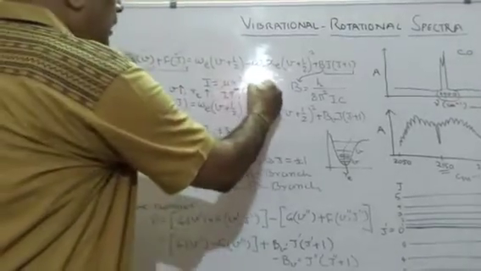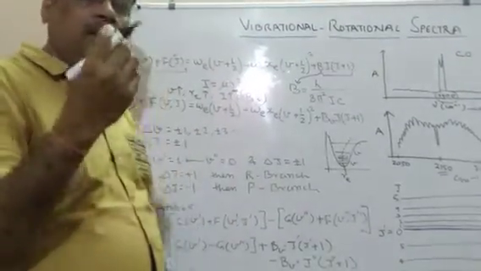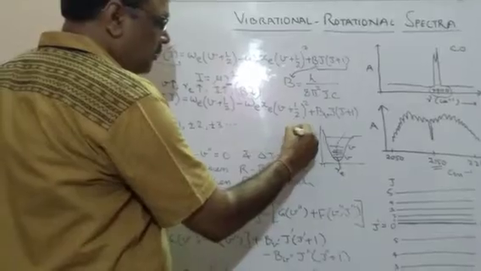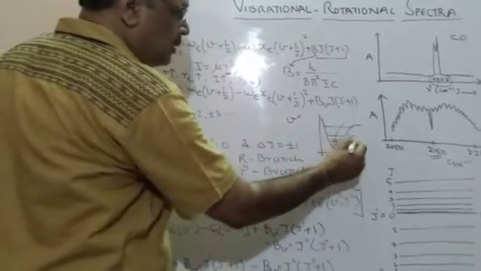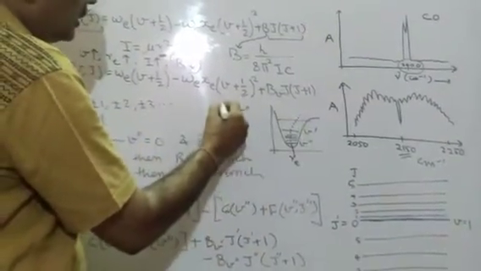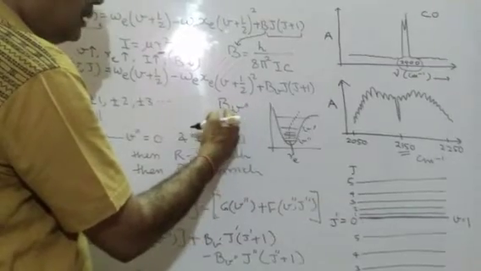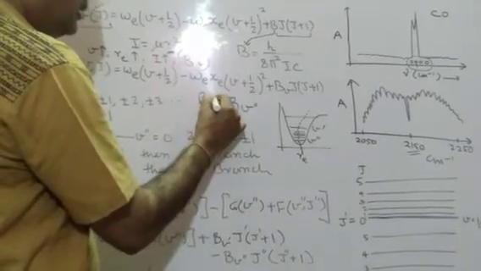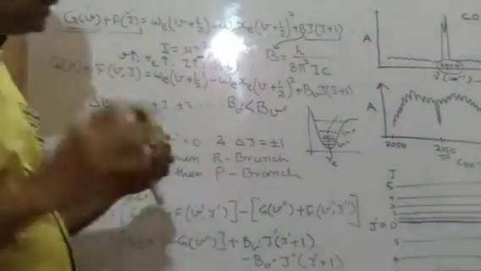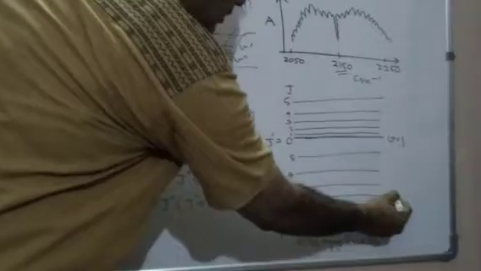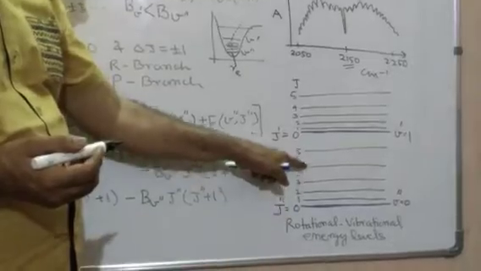So how will a smaller B affect things as we move towards increasing v? Suppose we take v double prime as a lower vibrational level and v prime as a higher vibrational level. The constant associated with v double prime will be greater than that of v prime. If we plot it, this is a vibrational level: this is v double prime, this is v prime, and these are the associated rotational levels.